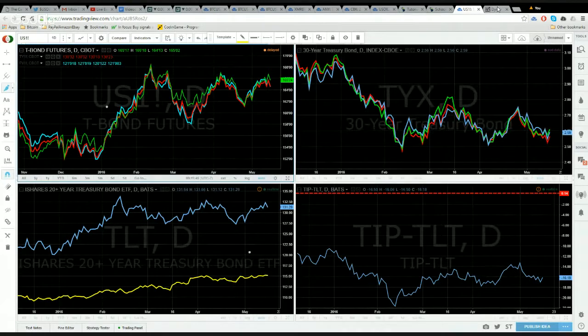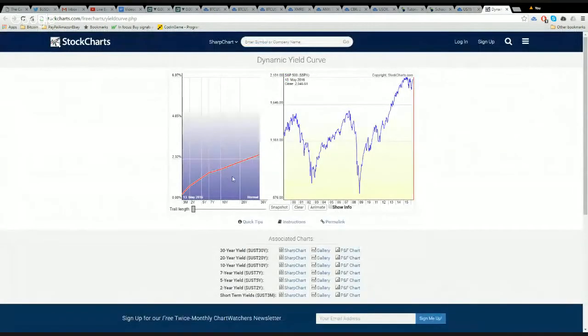And the graphical demonstration of this, and what I think is an extremely powerful tool for investors, is what we call the dynamic yield curve, or really the yield curve. Dynamic is because they've made it so that it moves. But basically the yield curve.